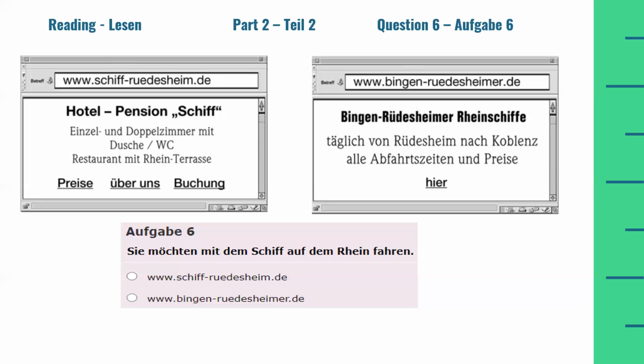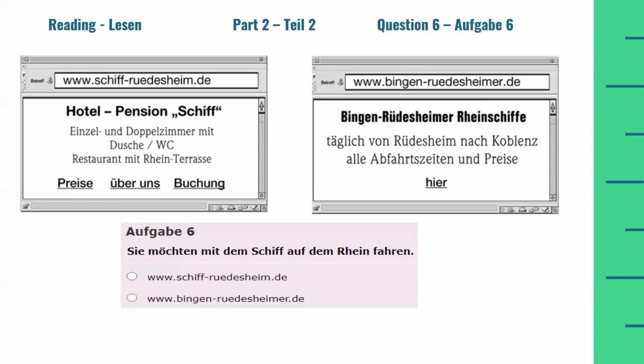This advertisement is about a hotel because it is giving us information about 1 room and 2 rooms, and also the availability of restaurant with Rheinterrasse, and you have option to book this hotel. You can find the prices or you can find about us.